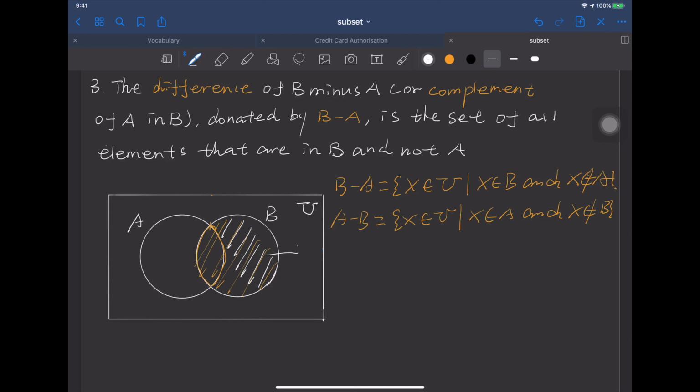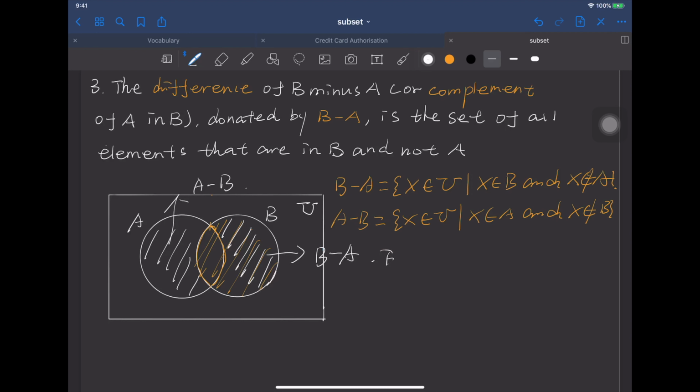So we shade this one to indicate B minus A. And conversely, for A minus B, we shade this part to indicate A minus B.